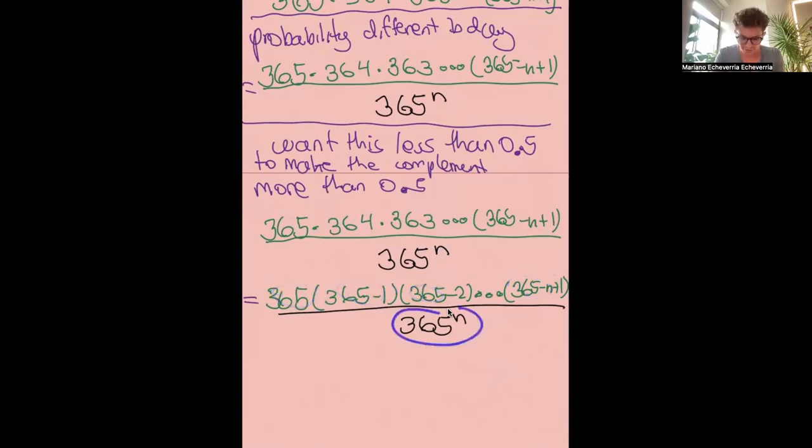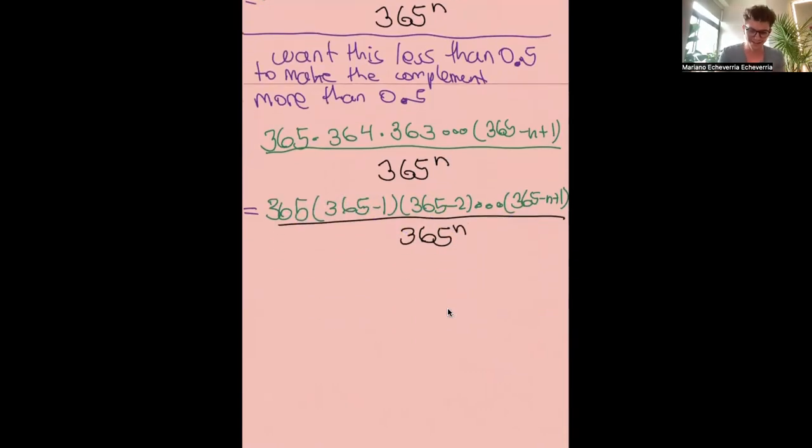And then there's this 365 to the n, which we assembled together, but there are n factors of 365 downstairs, right? So now the next step is to spread it out. Let me see if this makes sense.